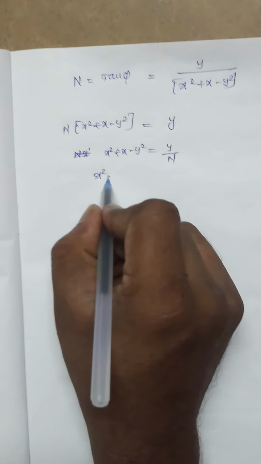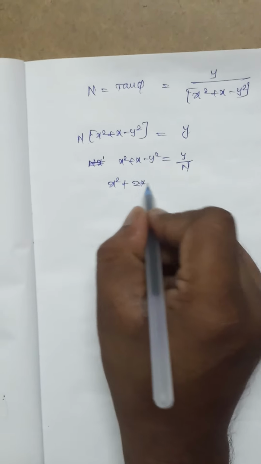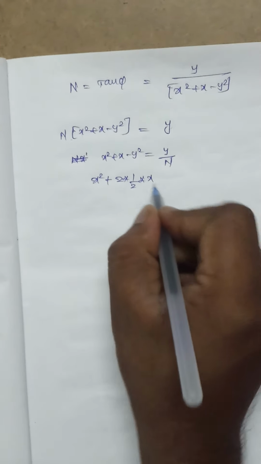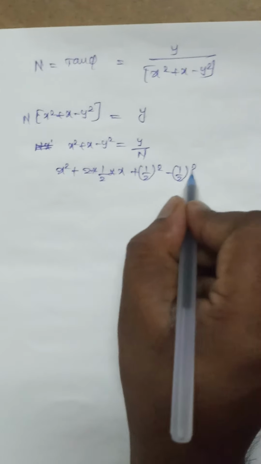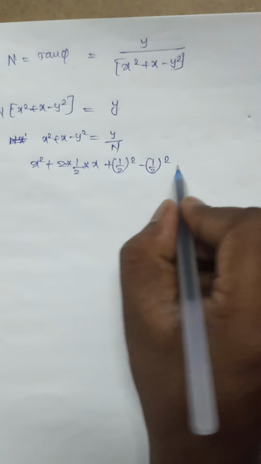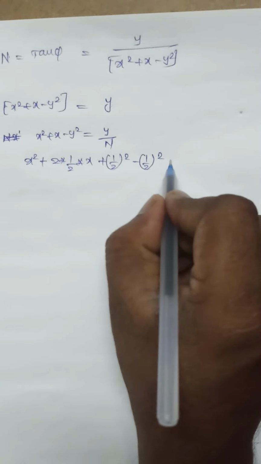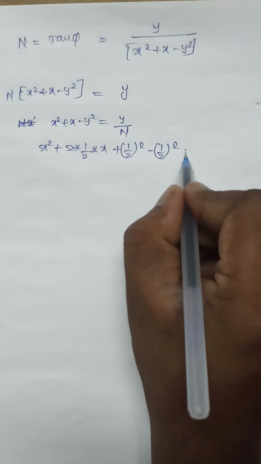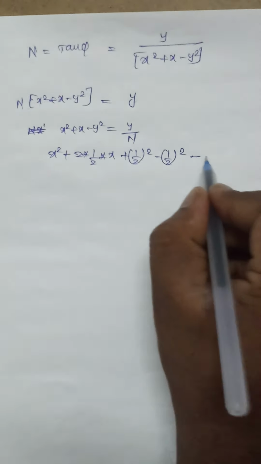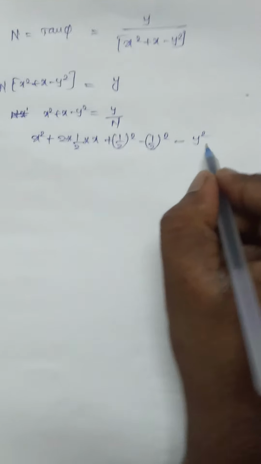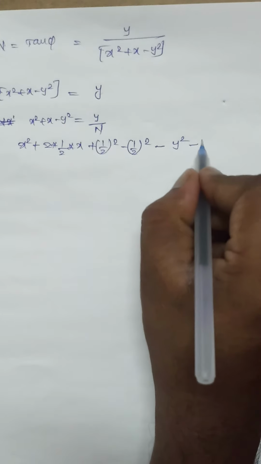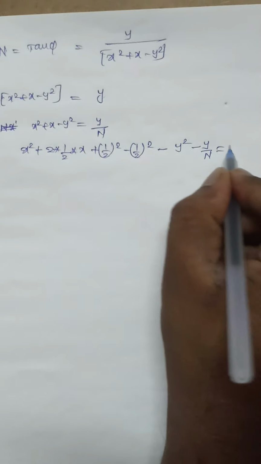X square plus 2 into 1 by 2 into x plus 1 by 2 whole square minus 1 by 2 whole square is equal to minus y square minus y divided by n is equal to 0.